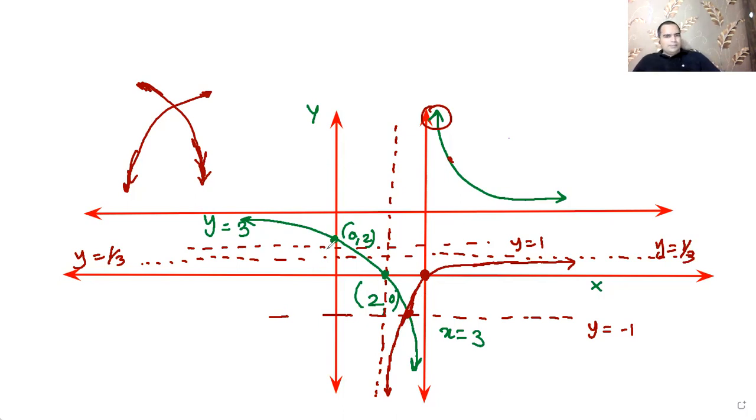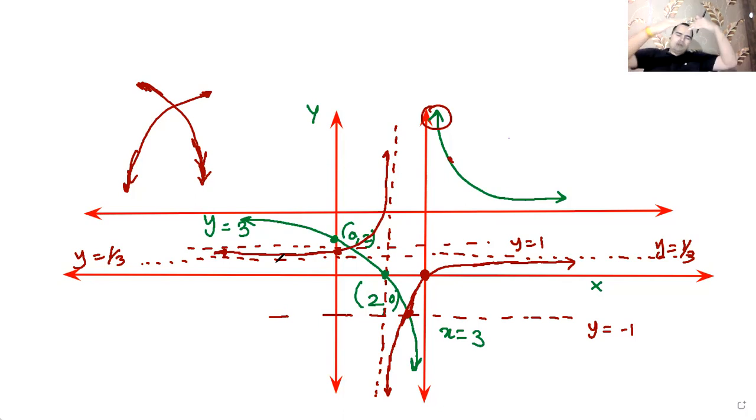Now coming to this side. Here you can see this point is (0, 2), so the reciprocal will be at (0, half) or something here. And on this side, you could see that the maximum it attained was 3. So as you can see, the y value is approaching 0, the reciprocal will go up. It will go up here like this, and it will be asymptotic at y equals 1/3.